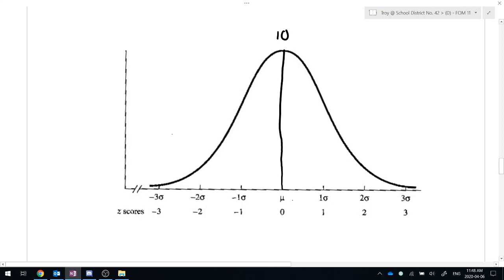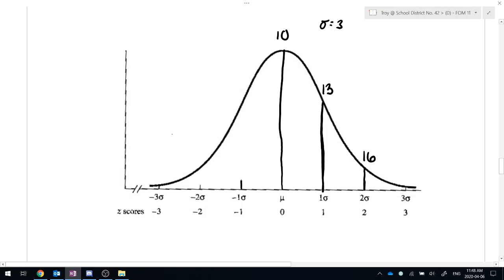If the standard deviation of this data were 3, for example, one standard deviation away from 10 would be 10 plus 3, which gives you 13. That would give you a z-score of 1. Another standard deviation away would give you 16, which would be a z-score of 2.